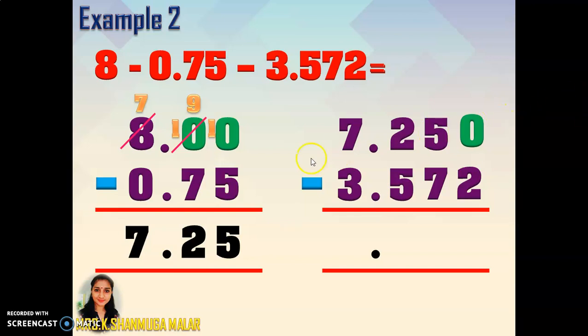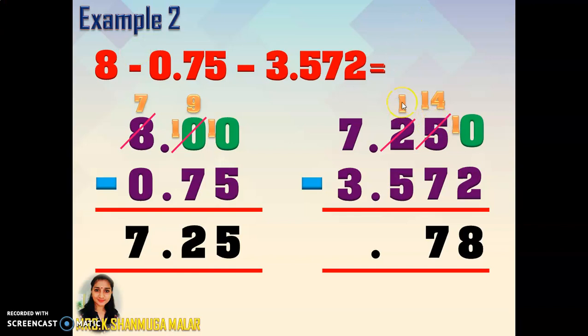Here, 0 minus 2. We can't, so we borrow from the 5. Now we get 10. 10 minus 2 is 8. Here 4 minus 7, we can't minus, so we must borrow from the 2. Now we have 14. So 14 minus 7 is 7.